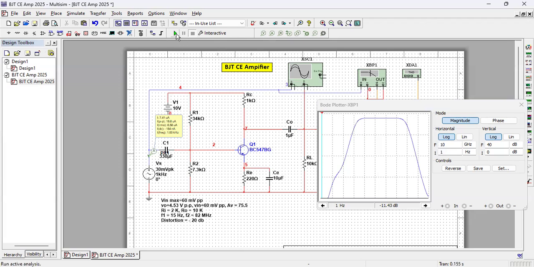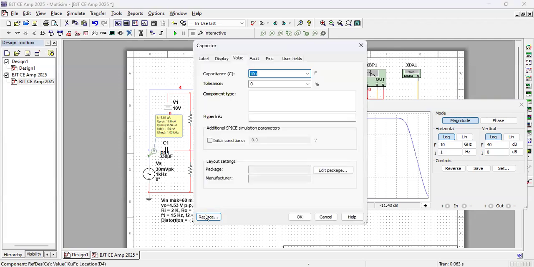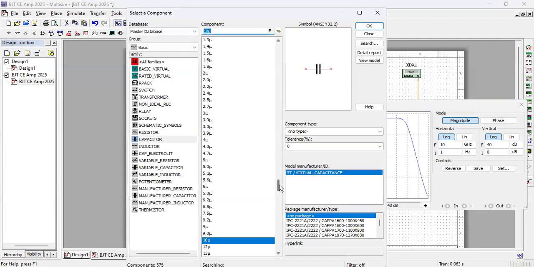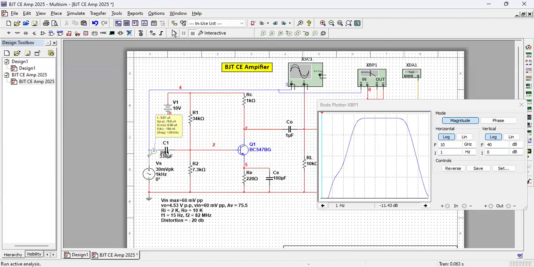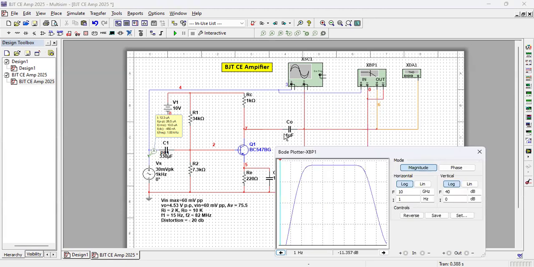Let me make it 100 microfarad. Now it is good. Right? So you will remember for your practical life that emitter bypass capacitor affects the lower cutoff frequency or low frequency response. And high frequency response is affected by these coupling capacitors.